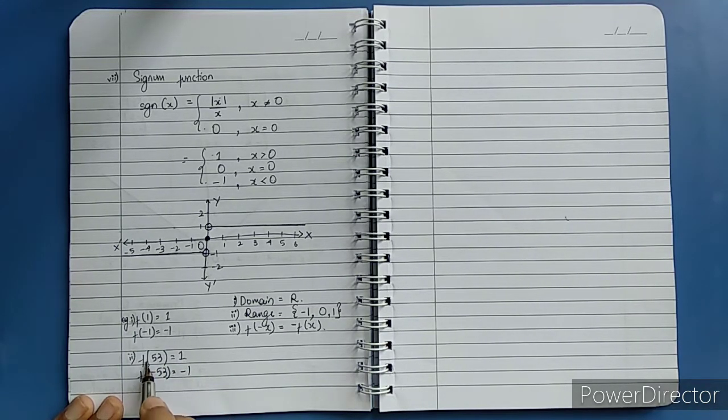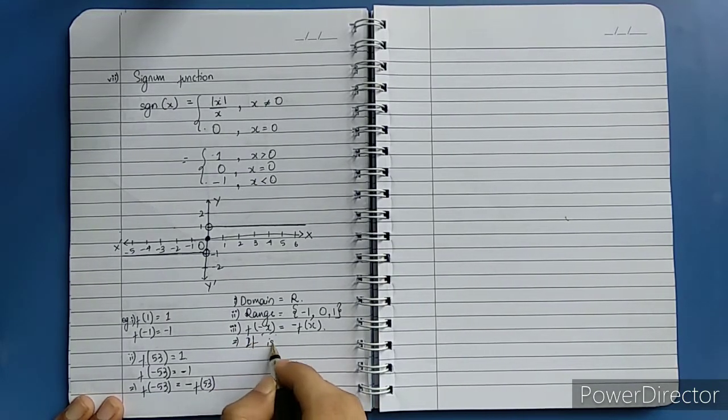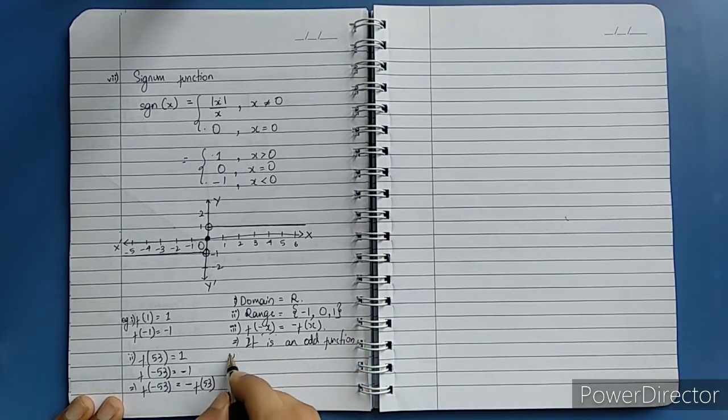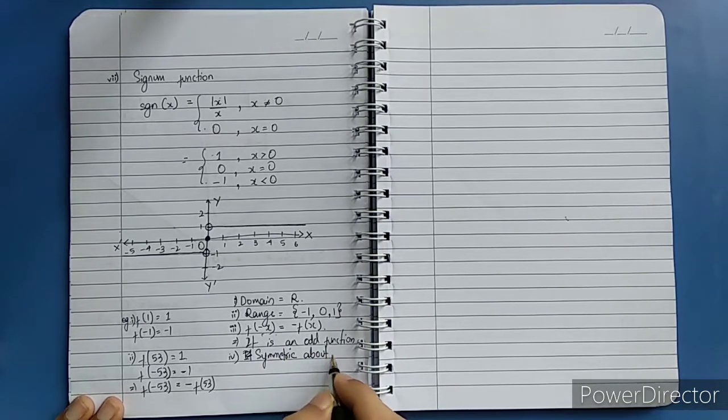So basically f of minus x equals minus of f of x, which implies f of minus 53 equals minus f of 53. So f of minus x is minus f of x, which implies it is an odd function. So it is symmetric about the origin.